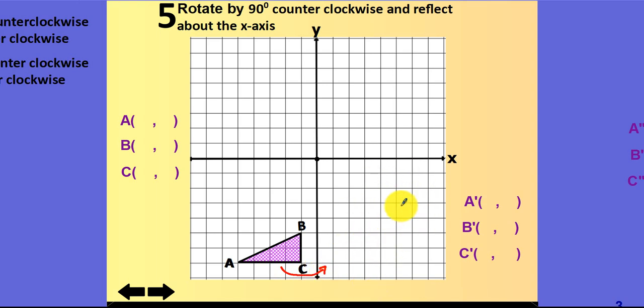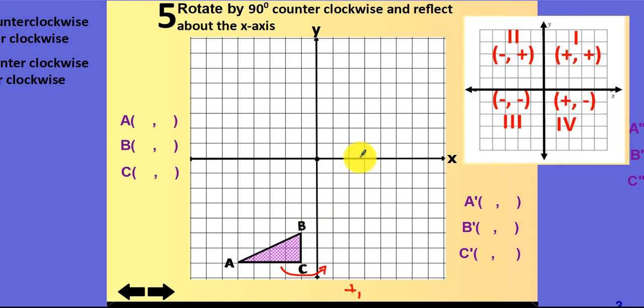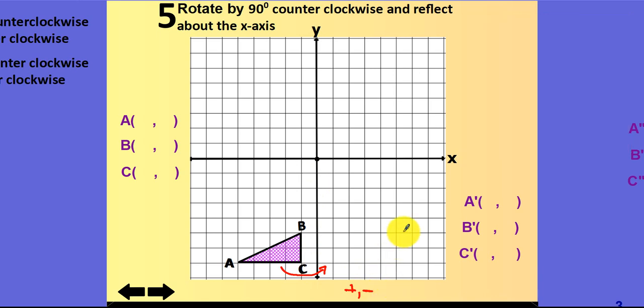And in our third quadrant, we have positive x values and negative y values. So first, get the coordinates of your A, B, and C. Let's get the coordinates of our vertices. So my A is 1, 2, 3, 4, 5.